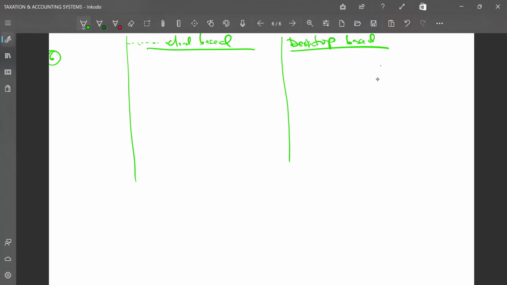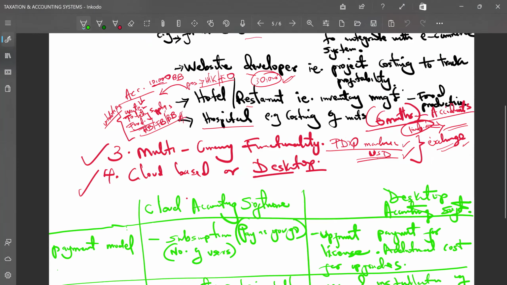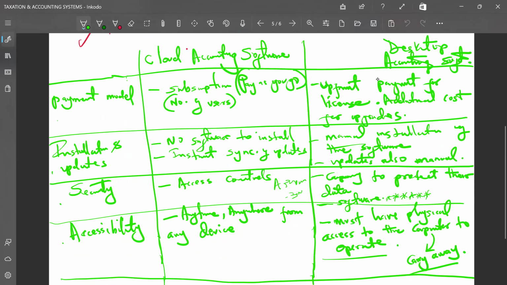What area of difference do we also have between these two? We've talked about accessibility, and I've given you the perspective of accessibility. To add on to that, let me mention something again. When we say a cloud-based accounting software is accessible anytime, anywhere, from any device, this includes mobile device or tablet.